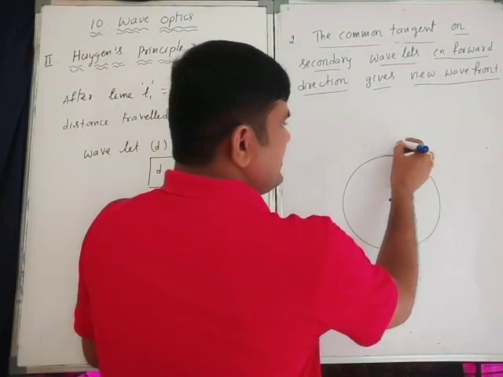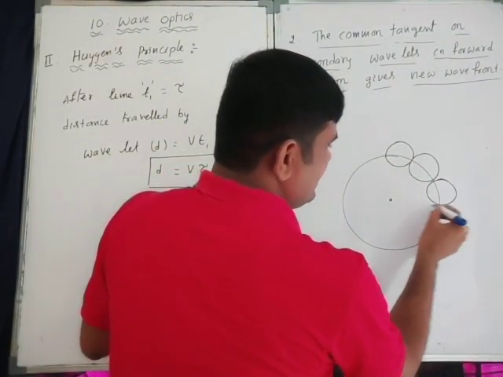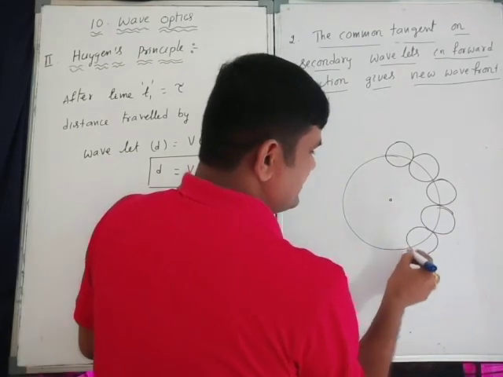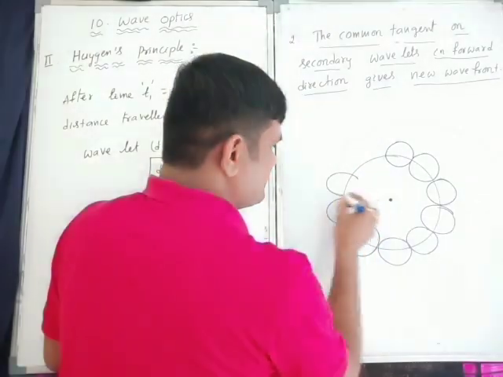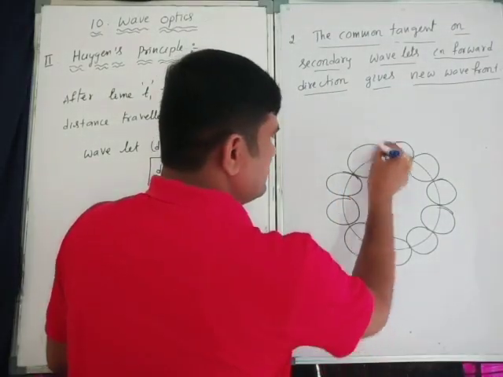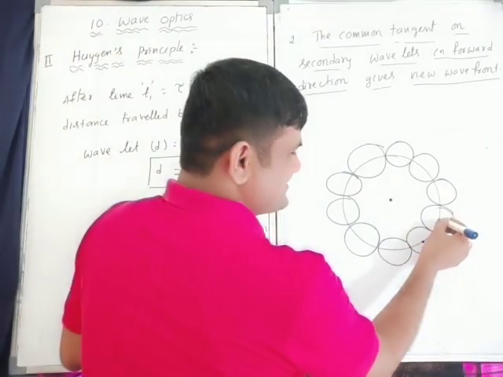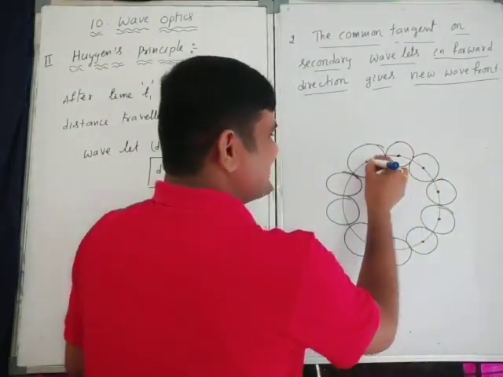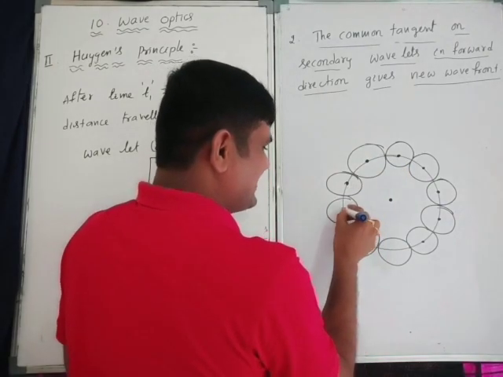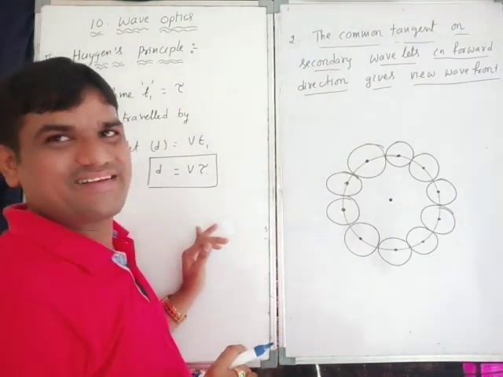Here one circle, here one circle, so spheres. What are the spheres? This is the source of secondary disturbance.